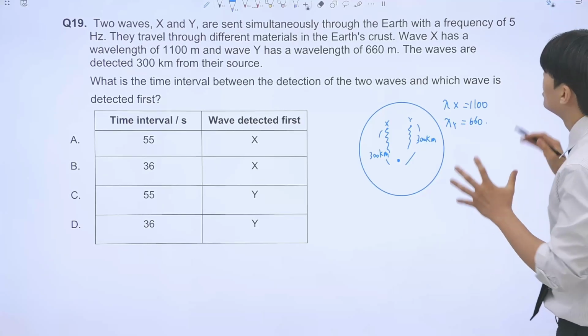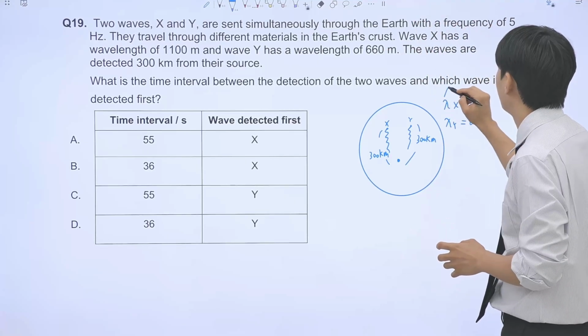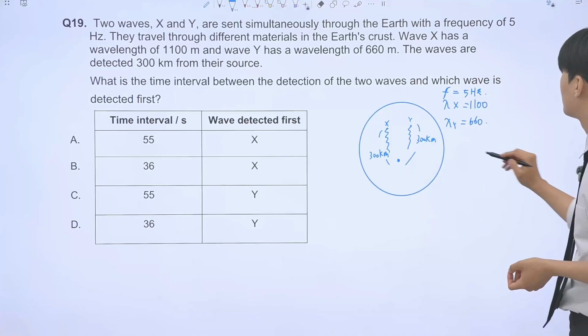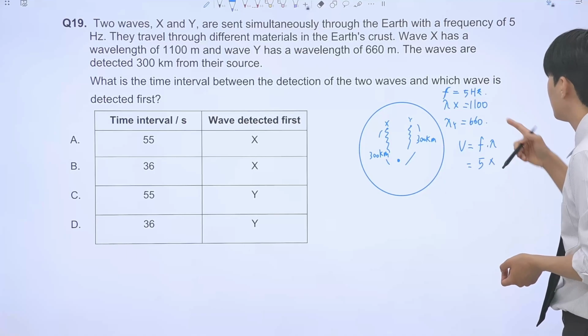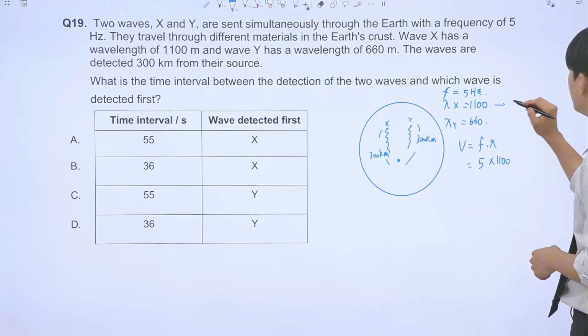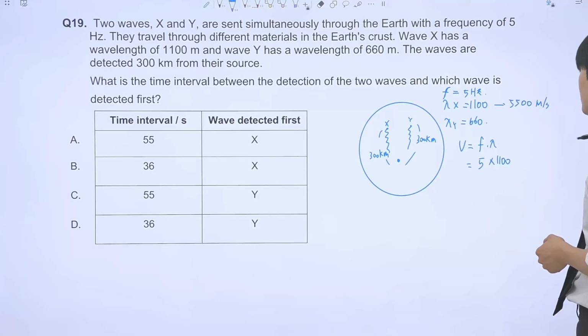Think about it, their frequency is the same, which is 5 hertz. First, velocity equals frequency times wavelength lambda. So 5 times, let's say X is 1,100, which means 5,500 meters per second for the speed.